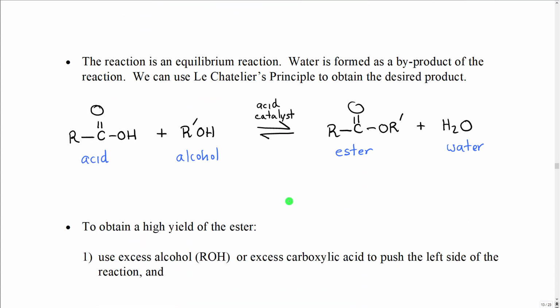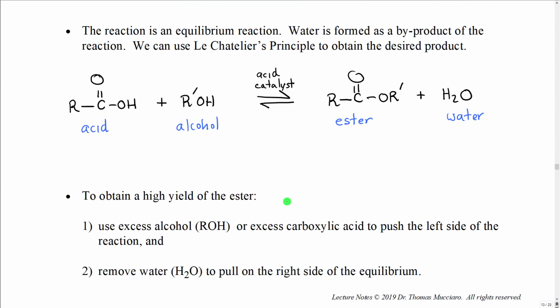Now, one important aspect of this reaction is that it is an equilibrium. When we start with the acid and the alcohol, those are converted to the ester and a molecule of water under acid catalysis.